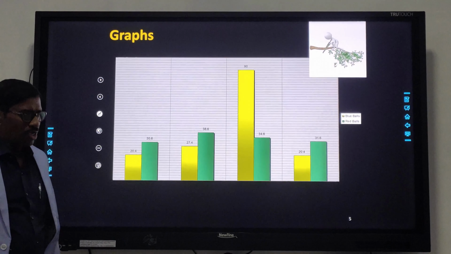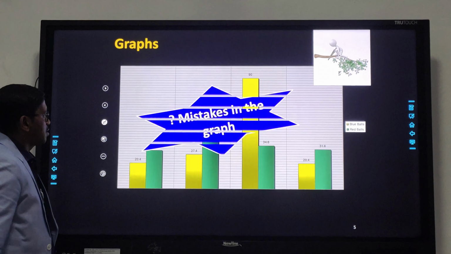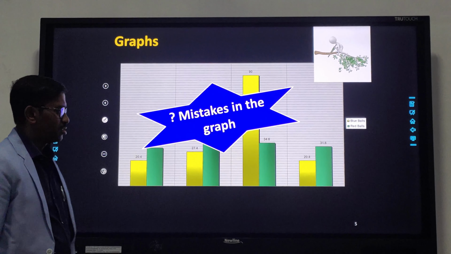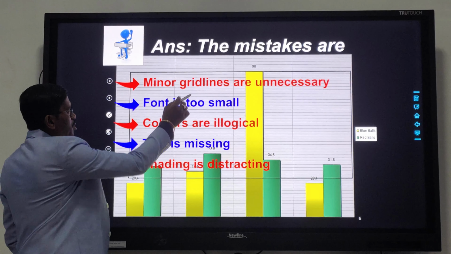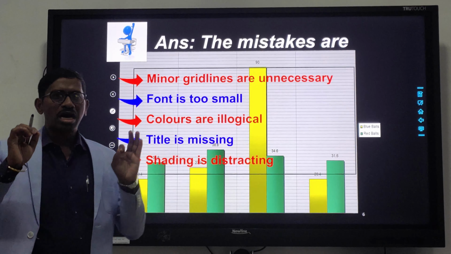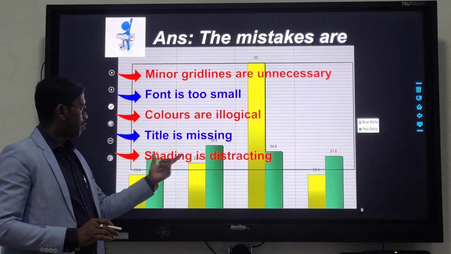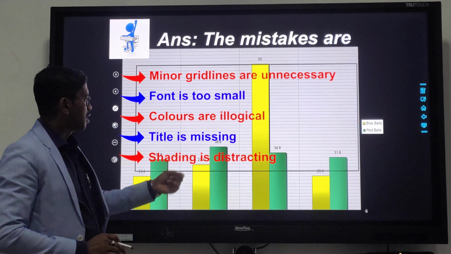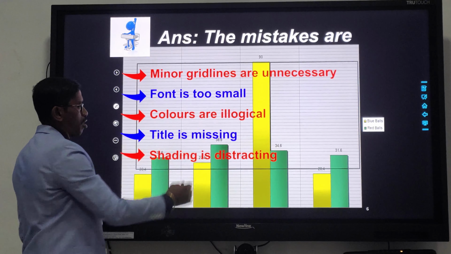My friend, I am showing here one graph. This graph has a number of mistakes. The minor grid line which has been added in this graph is totally unnecessary. Second point, whatever font they have used for the data in the graph is too small.